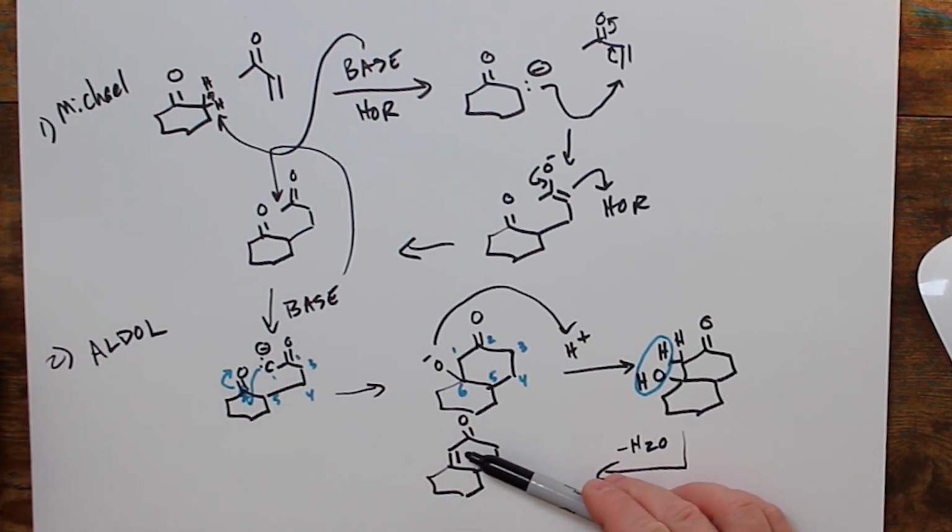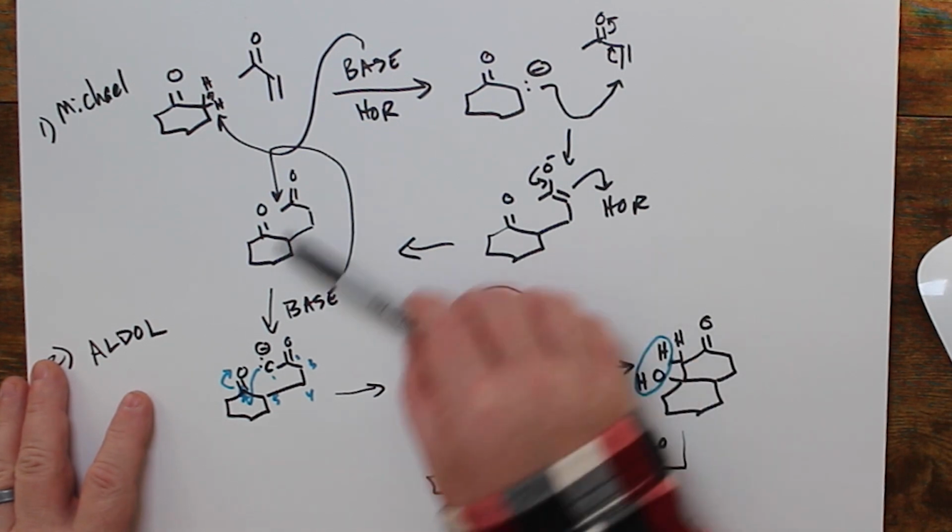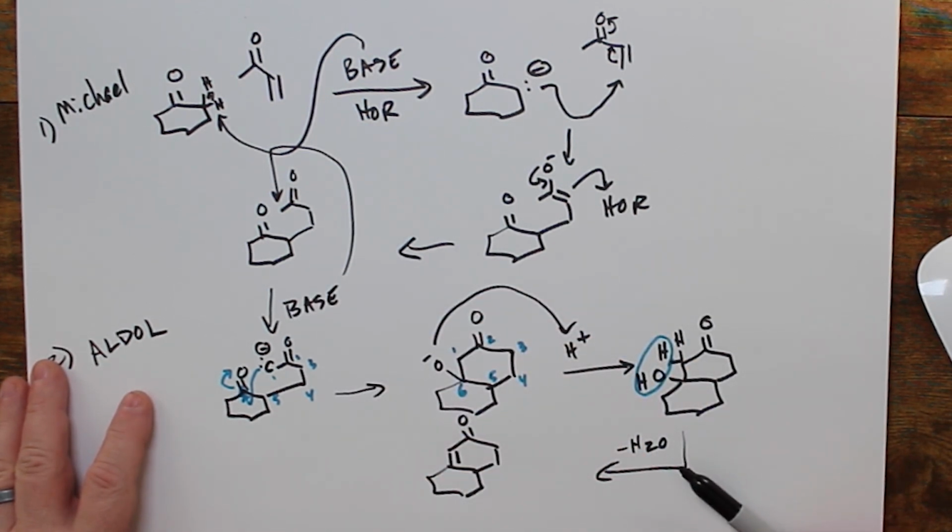And that's the final product of my Robinson annulation. So the Michael followed by Aldol, deprotonating, attacking the carbonyl to make a ring, the Robinson annulation.